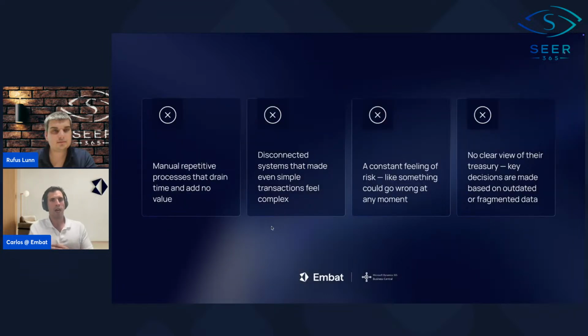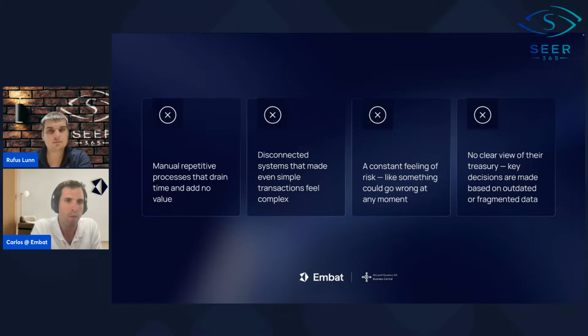So very quickly, I'm just trying to give you a sense of what we typically hear from customers when the light bulb emerges of Embat being potentially a solution. First thing, obviously, and very important, treasury given the amount of transactions and how processes work, typically becomes very repetitive.